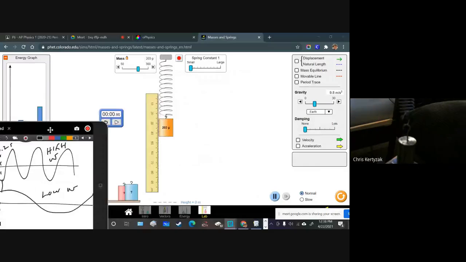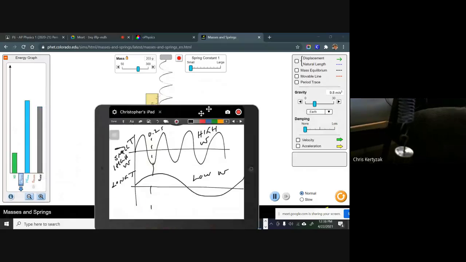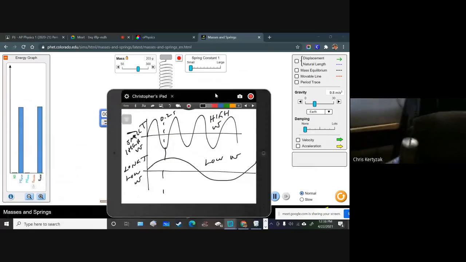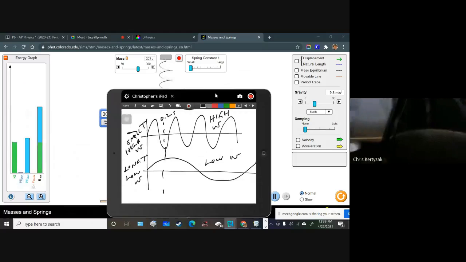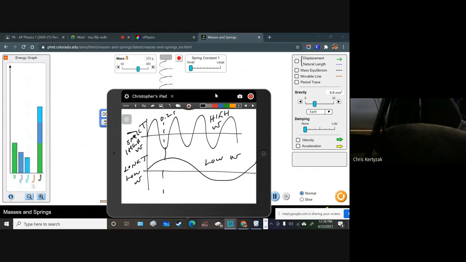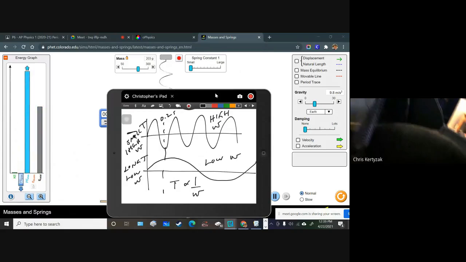Start, stop, that's like a full second. But that would be considered a low omega because it's not going through its cycles very rapidly. So notice that there's an inverse proportion there. When period is long, like we're seeing now, omega is low.